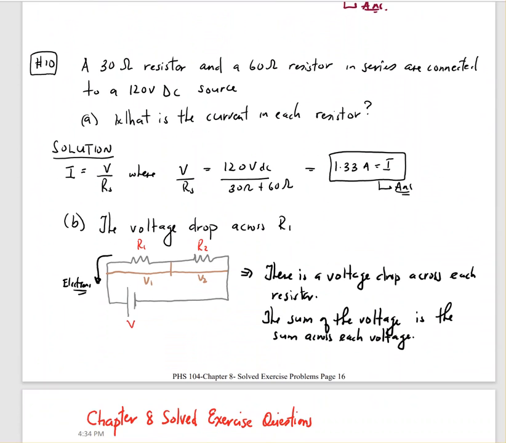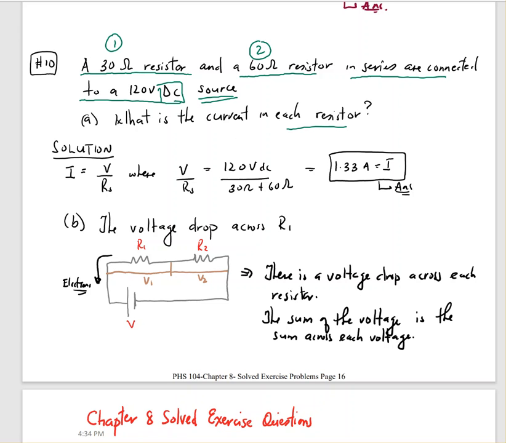Another example here: a 30 ohm resistor and a 60 ohm resistor in series are connected to a 120 volt DC source, DC just means direct current. The question is asking us, what is the current in each resistor? Okay, so we have two resistors, resistor 1 and resistor 2.